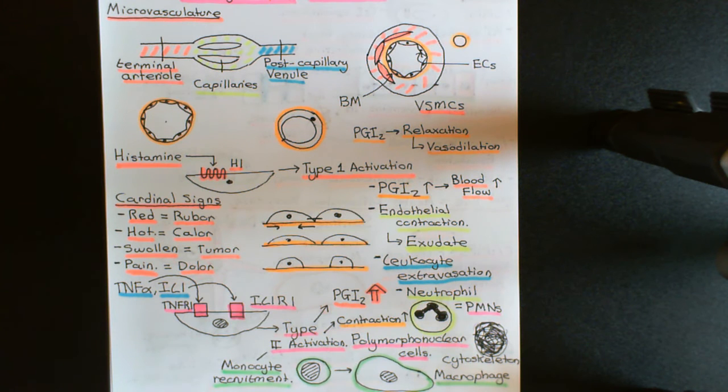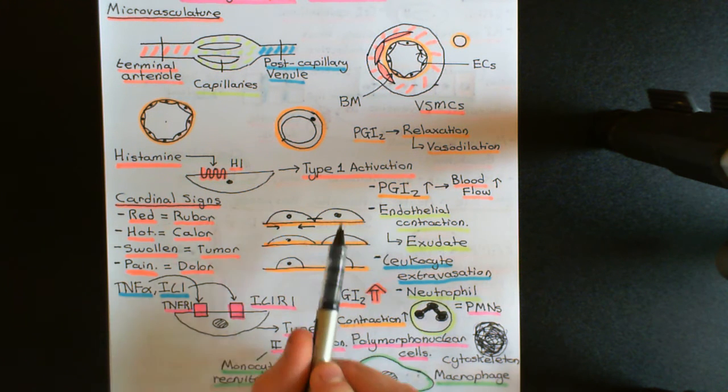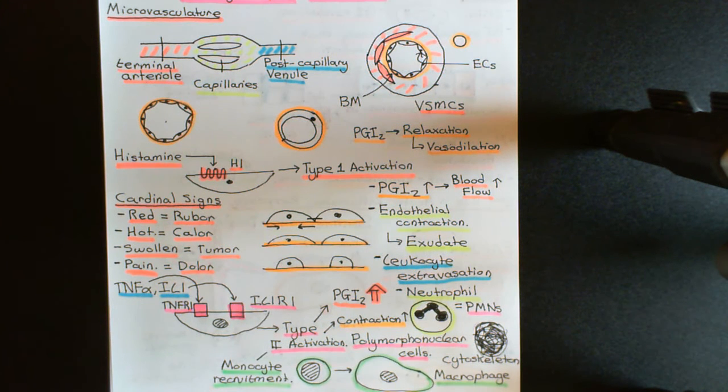And we discussed the reason that you would want that, which is that all the troops for destroying the pathogen are present within the bloodstream, and therefore if we're going to recruit them into the extracellular fluid, then having an increased blood flow means that we're going to have an increased opportunity to recruit the troops. We're also going to undergo endothelial contraction in response to type 1 activation, which will allow the formation of an exudate, which will contain lots of the proteins from the blood, which will be capable of attacking the pathogen directly.